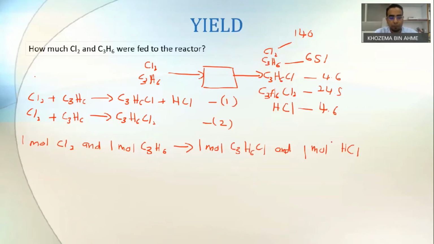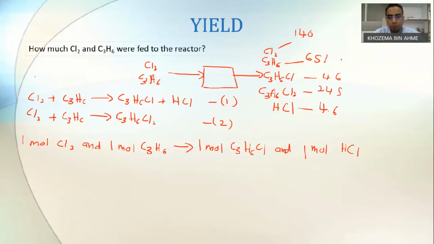So this is our stoichiometric relationship. So from here we can already know that if I have 1 mole of HCl and I have 1 mole of chloropropane, I need 1 mole of propane and 1 mole of chlorine.